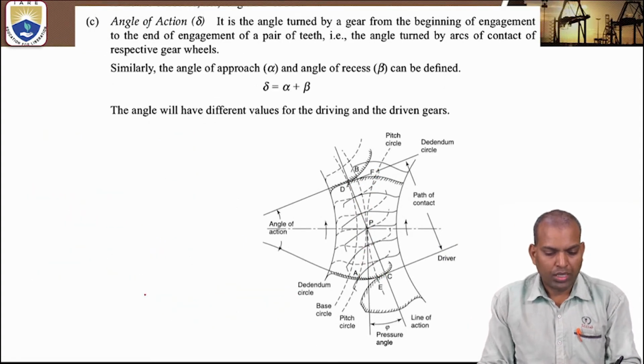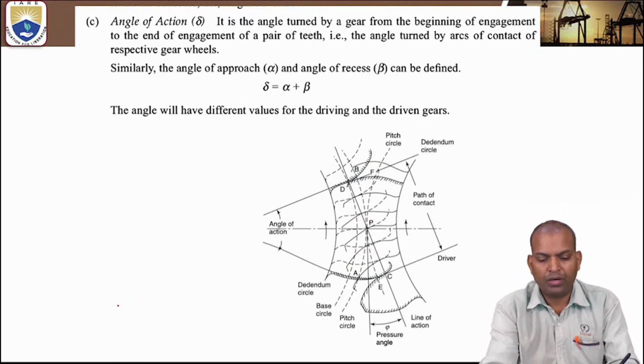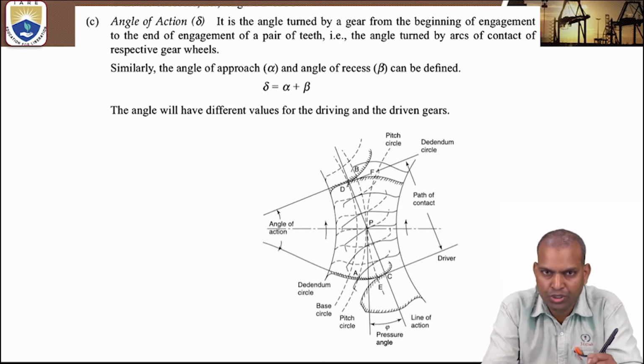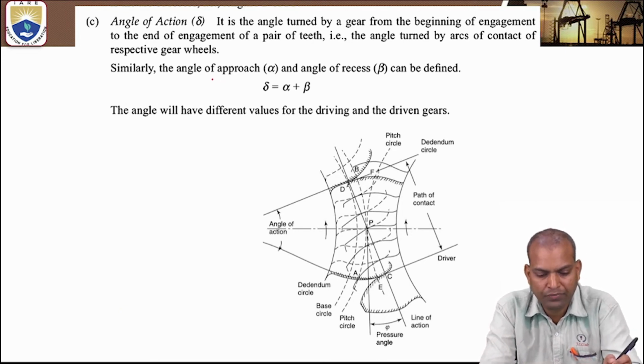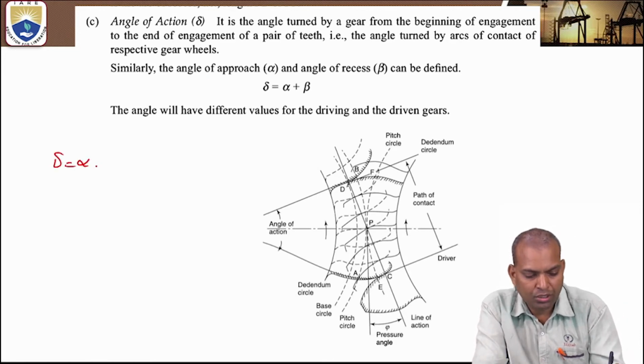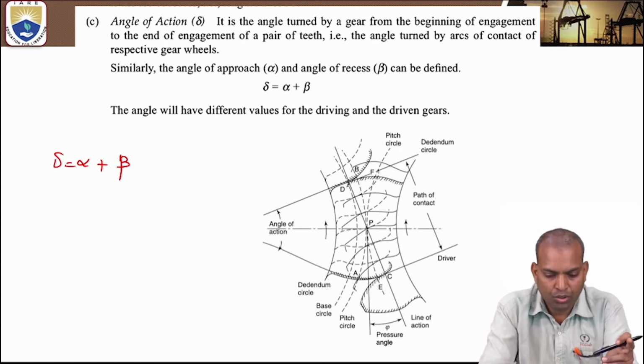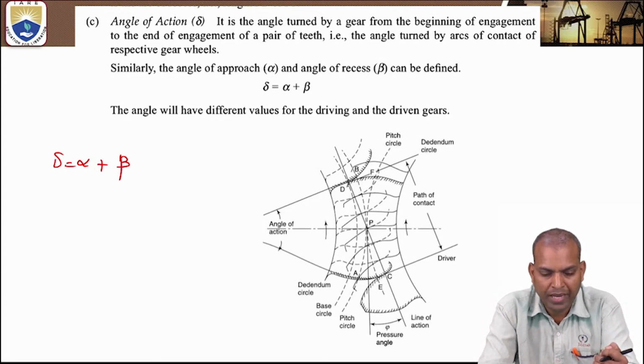Now another term is called angle of action. This angle of action is the sum of angle of approach and angle of recess. The angle of approach is denoted by alpha and the angle of recess is denoted by beta. That total sum is known as angle of action. So what is the definition of angle of action?